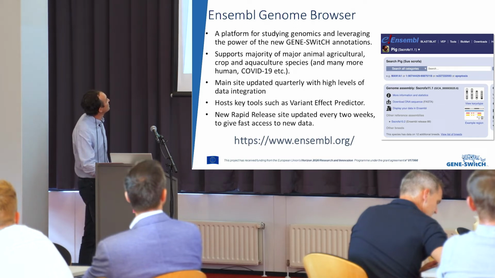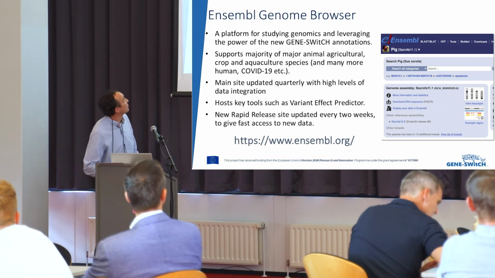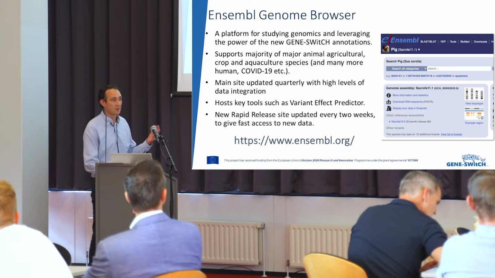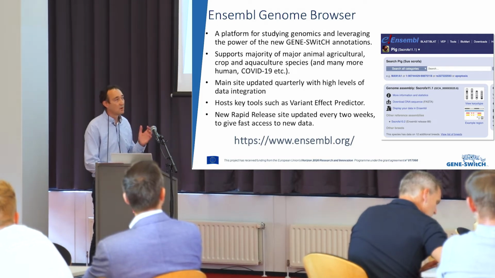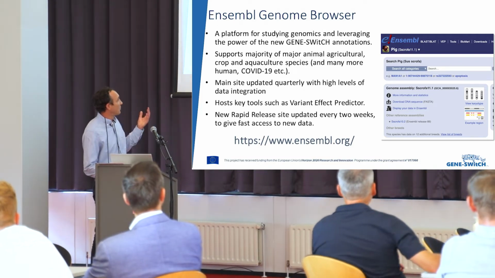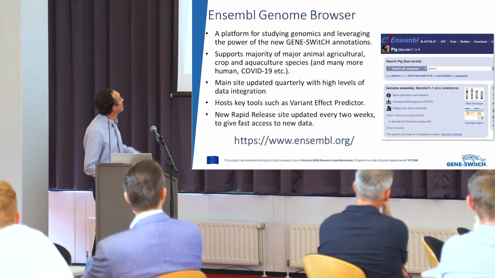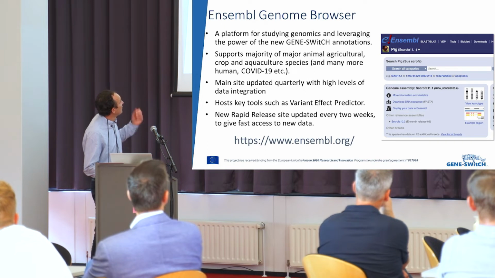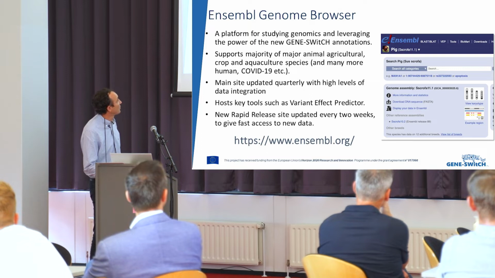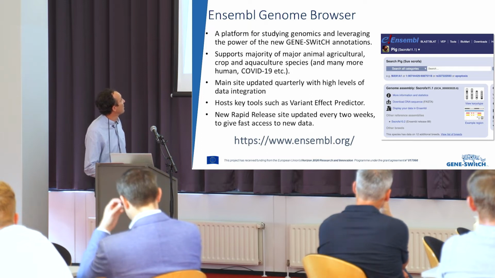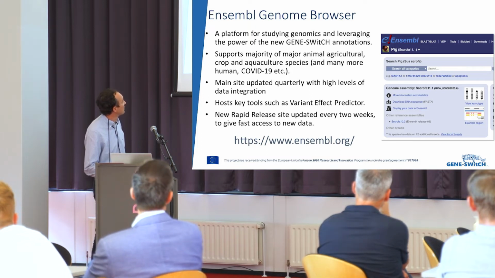So this information can be accessible through the Ensembl genome browser. I think most of you know what it is. It's an internet database that is funded by Europe, and which allows aggregating sequencing information. It includes the majority of major animals for agriculture, but also crops, so vegetables, and aquaculture.